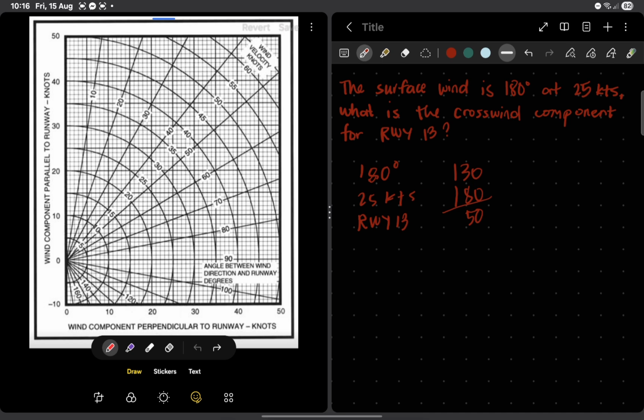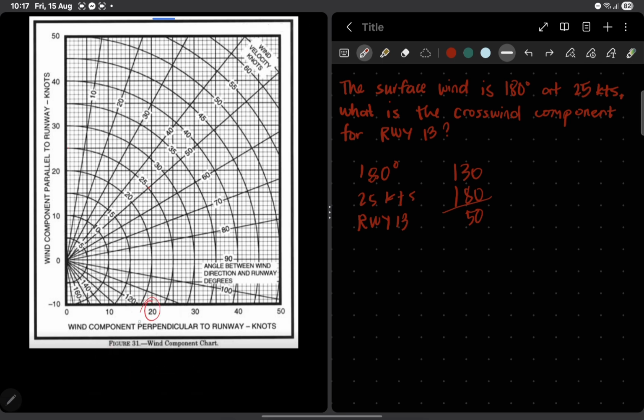Next, you'll be taking a look at 25 knots. That will be your surface wind, which is the arc. So look for 25 knots on the arc. This is your 25 knots and this is your 50 degrees. You'll be looking at where these two intersect. So this 25 and 50, this is where it intersects.